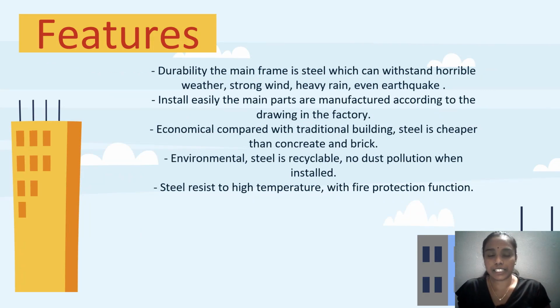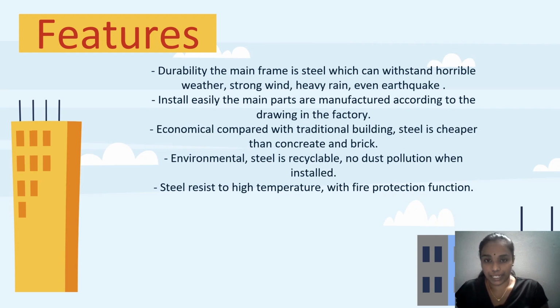These are the features of steel buildings. Durability: the main frame is steel, which can withstand severe weather like strong wind, heavy rain, even earthquakes. Next is easy to install: the main parts are manufactured according to the drawings in the factory.